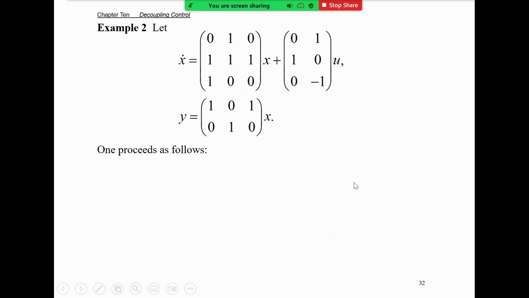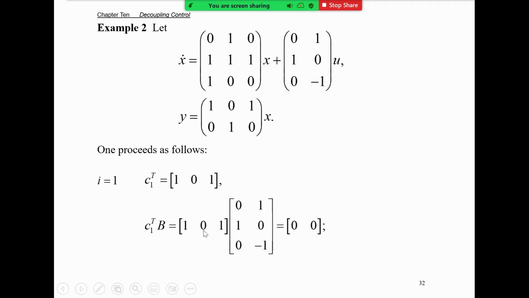Okay, let's look at this matrix. This is another equation, a third order system, but you have 2 inputs, 2 outputs. You take out the first one, C1, and then compute C1 times B. You can see you can't have a situation where both terms are 0.